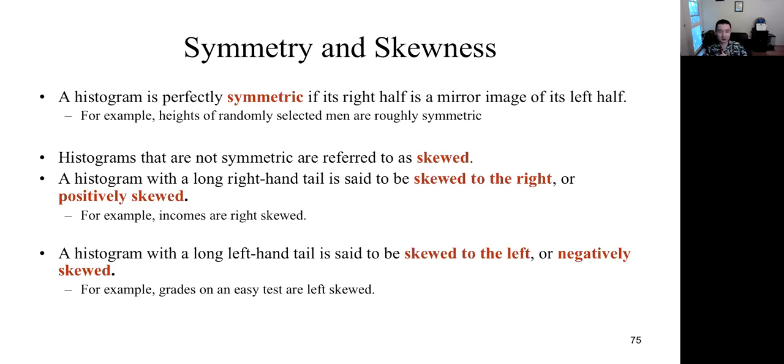We have some billionaires, so the right-hand tail is much longer, but the frequency is much smaller. And skewed with a longer left-hand tail is called skewed to the left or negatively skewed. For example, grades on an easy test are left skewed.